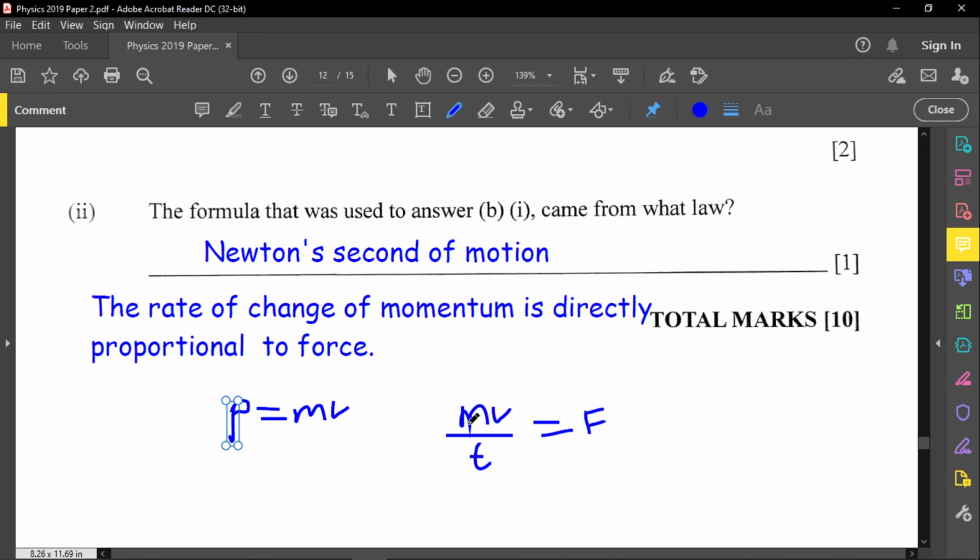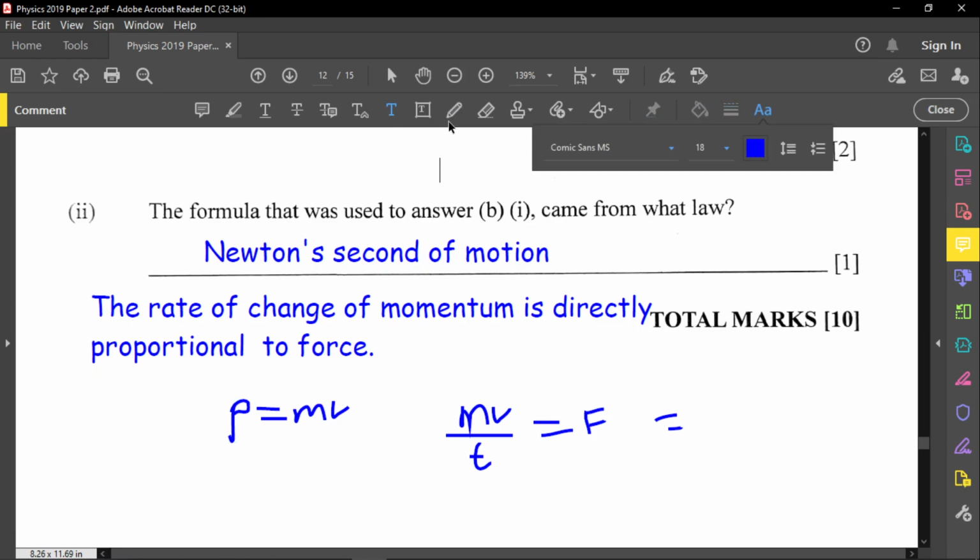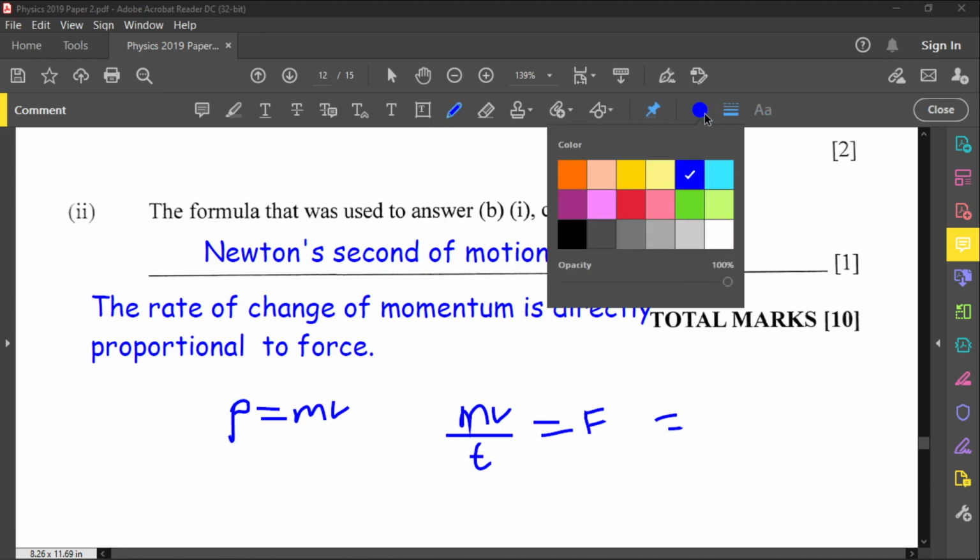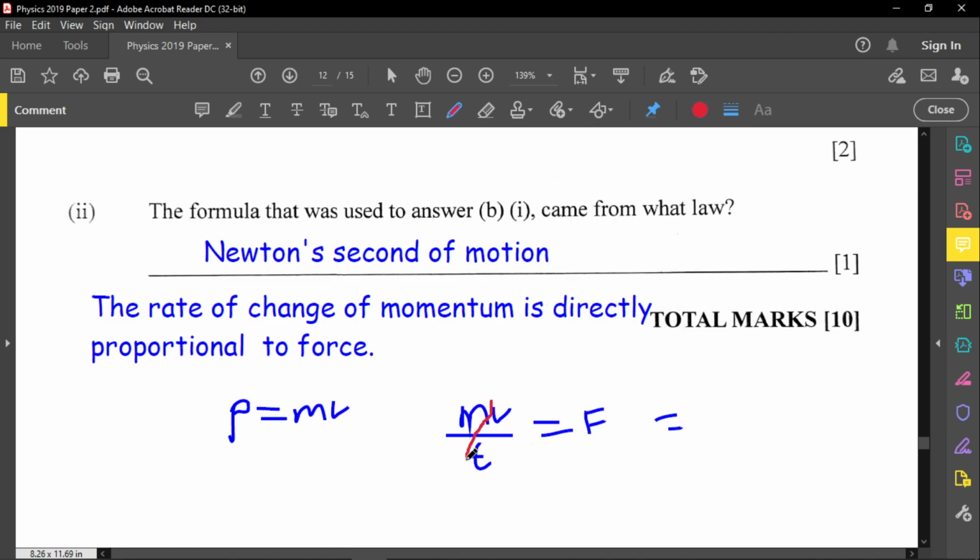But let's look at something here real quick. Mass is in kg, and velocity is in meters per second. So what you get as a result is mass times acceleration, because velocity, let me circle this piece to show you exactly what I'm talking about. If I take this piece out, velocity over time is acceleration.